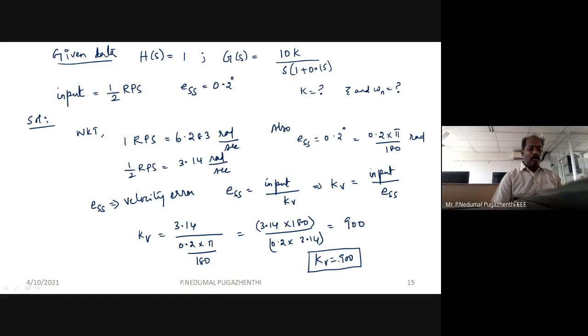Now, since I know my kV value, I can substitute that in the expression of kV, then I can find my k value as in the previous case. So the expression for kV is equal to limit s tends to 0, s into G of s, H of s. Since it is unity feedback, don't worry about H of s. So limit s tends to 0, s into, what's your transfer function?